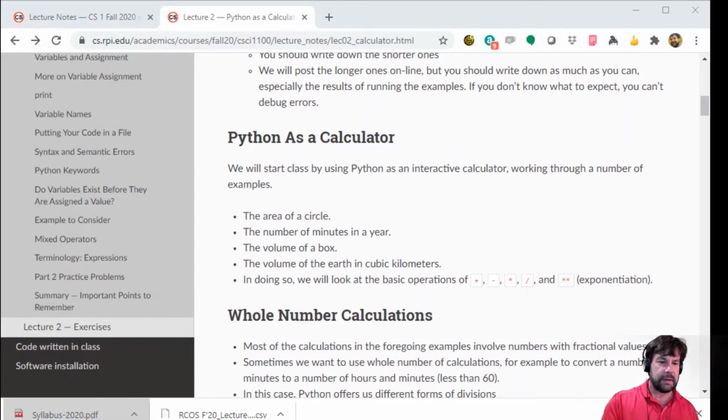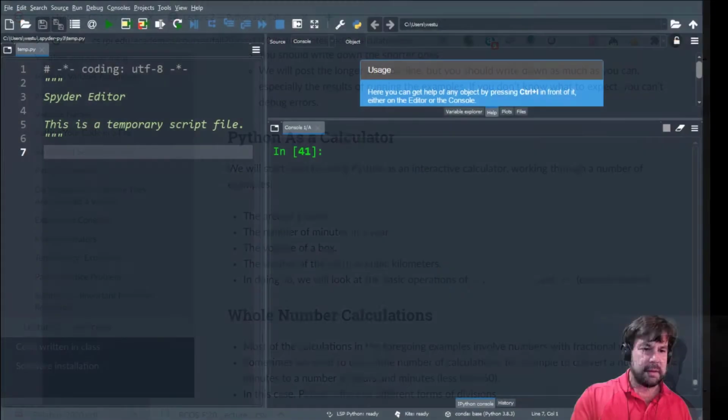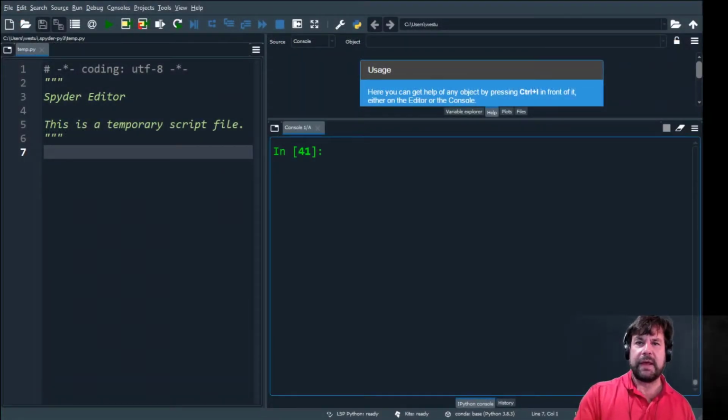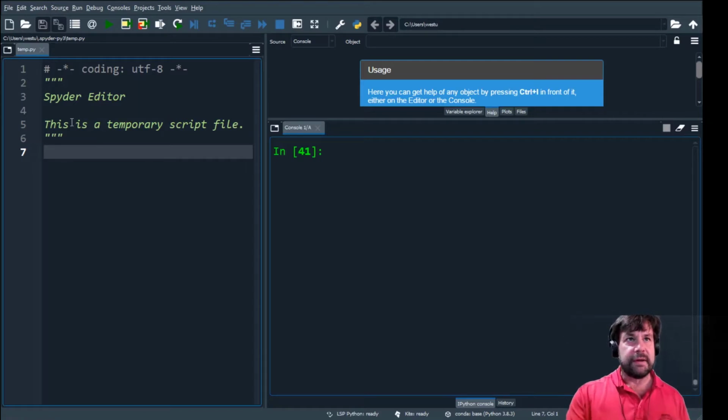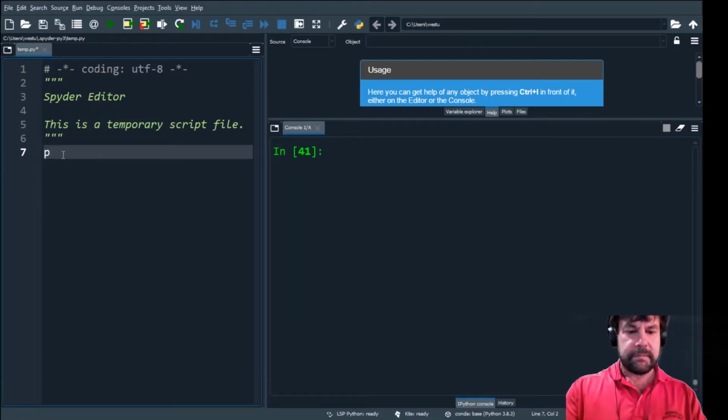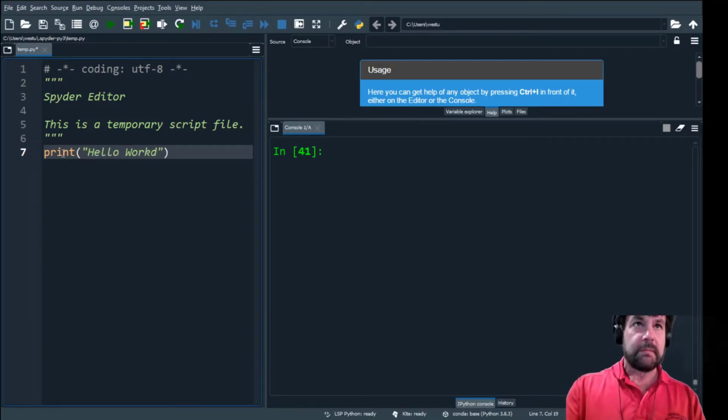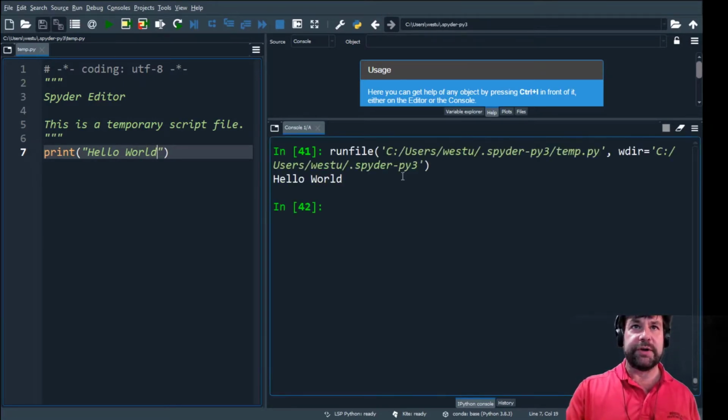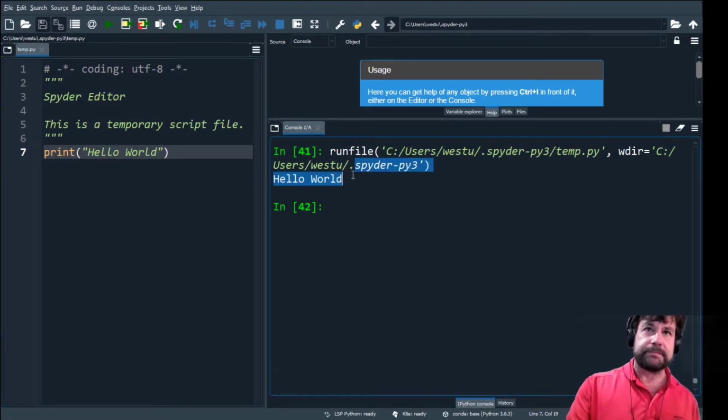But you can use your Spyder, for example, as a calculator. And we talked last class, this is a file editor, this is a console, and what we found out was that when we press the little green button, things that are here get executed in this window down here, and you see the output.